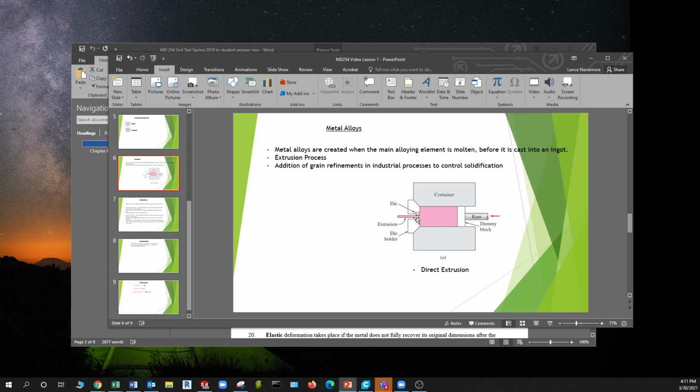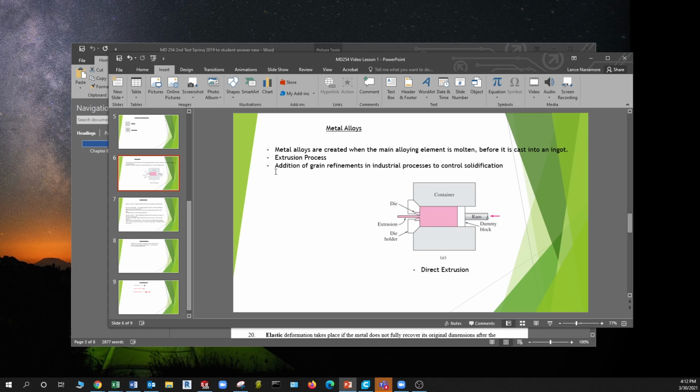You could also do a cold extrusion process. You can also do a drawing process, which is basically the opposite of an extrusion. So here we're pressing on the material and pressing the extrusion out, and a drawing process would be the opposite of this. You would be pulling the material through a die, and it would be sizing it on the back end. So that happens with a lot of different types of materials.